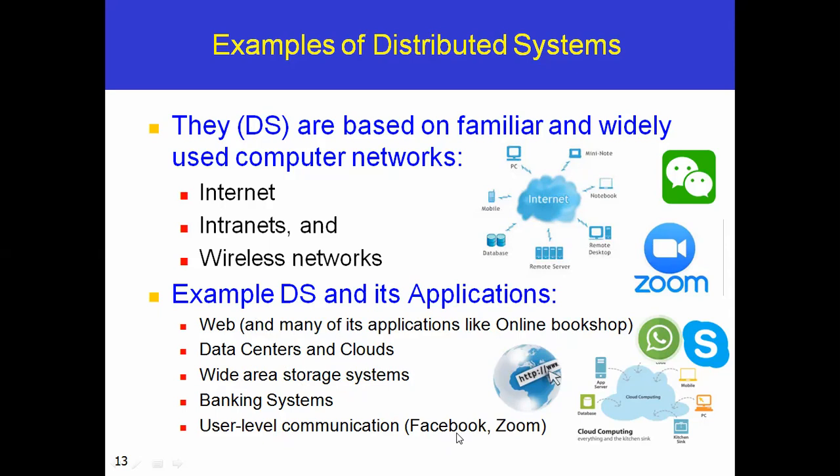You are listening to the class sitting at your homes, and I am at a different location, you are at different locations, still we are communicating with each other in coordination. This is the best example of a distributed system. Still, we are at different places, yet connected to each other and in coordination. Facebook is one of the user level communication applications, and WhatsApp and Zoom as well.